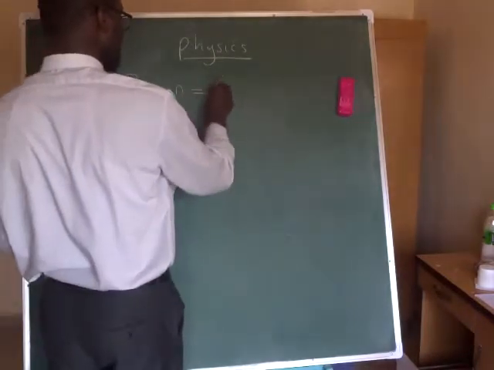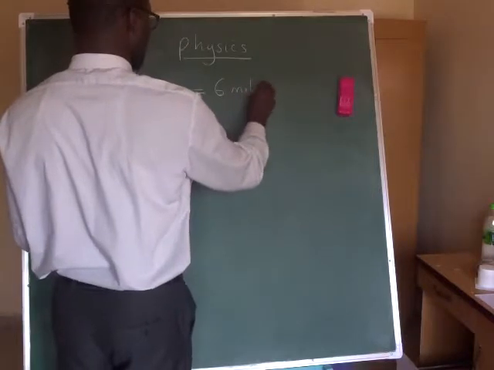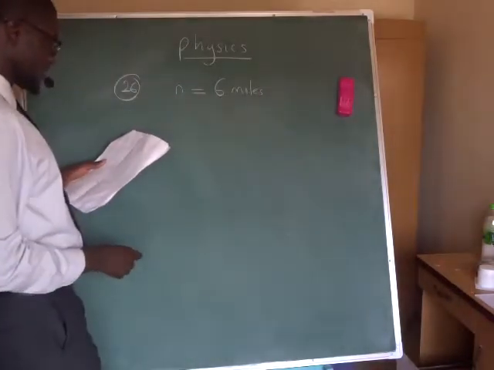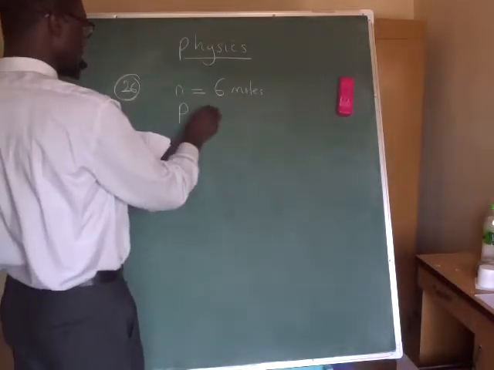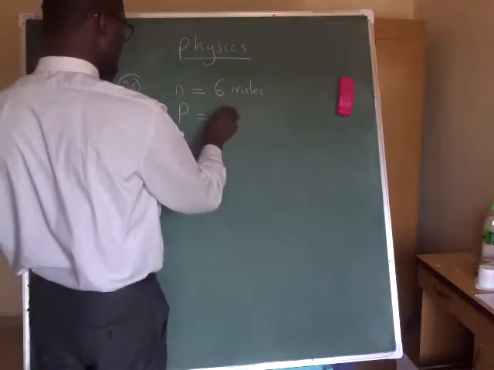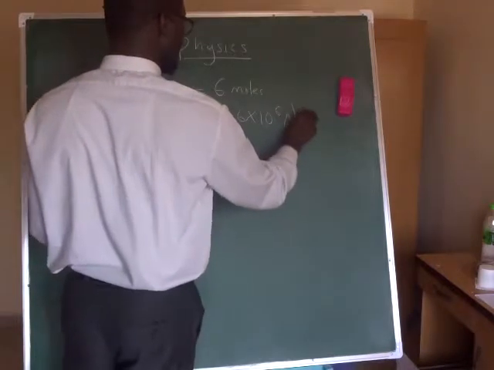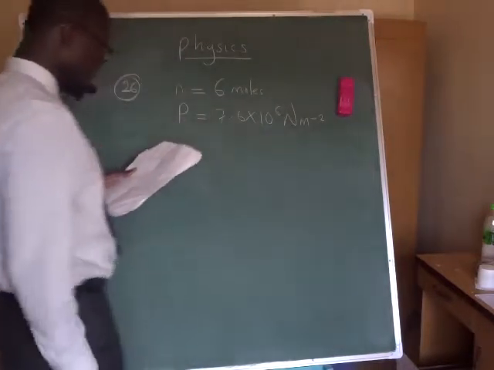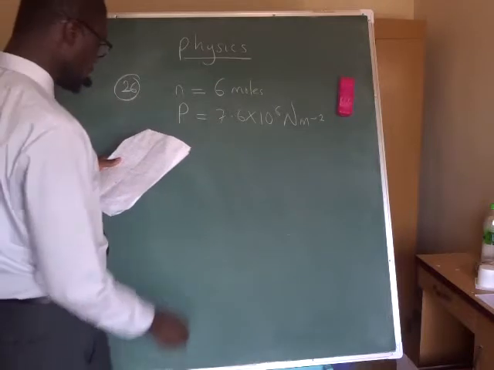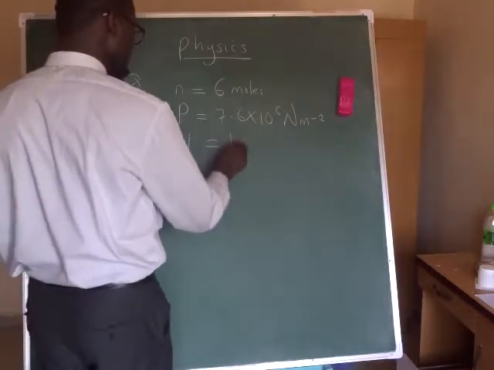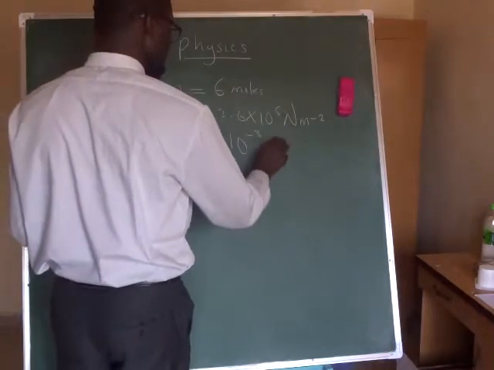Number of moles is 6, our pressure is 7.6 exponential 6 Newton per meter squared, and the volume is exponential minus 3 meters cubed.